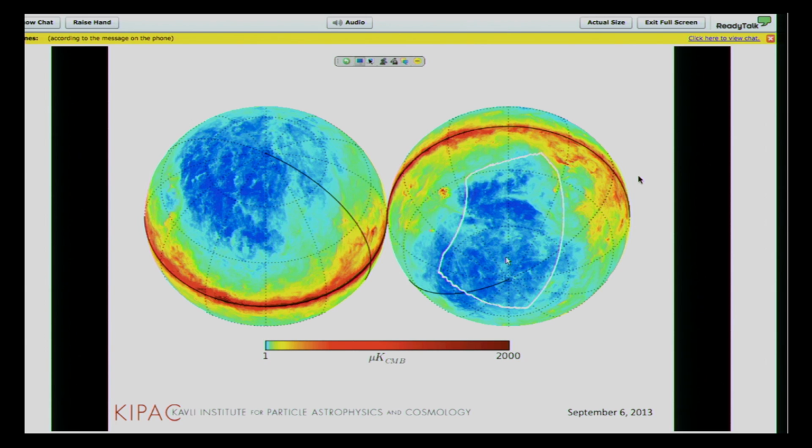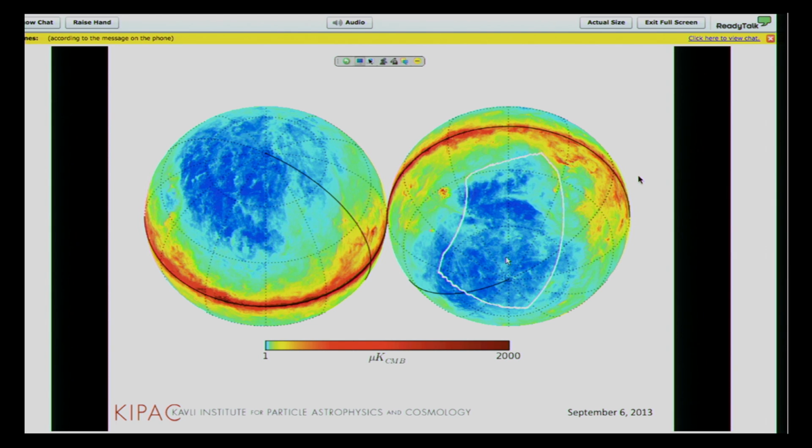I want to just say 2 things real quickly. This is a map of the sky, I believe, at 217 gigahertz. And it's meant to indicate to you where the dust is and where the clean parts of the sky are. On the left is the northern hemisphere, and on the right is the southern hemisphere, and in white is outlined the region that SPIDER will cover.